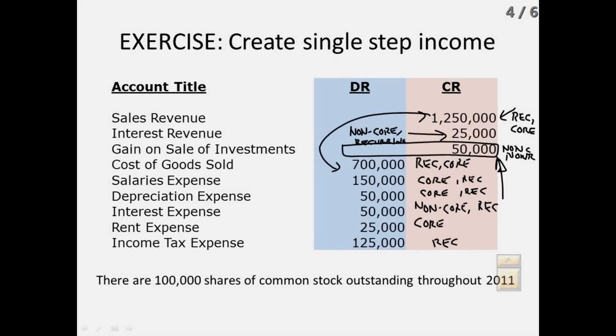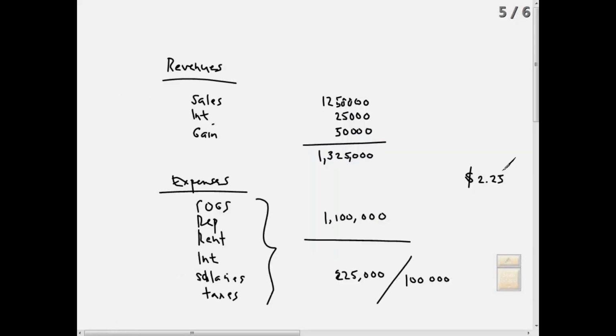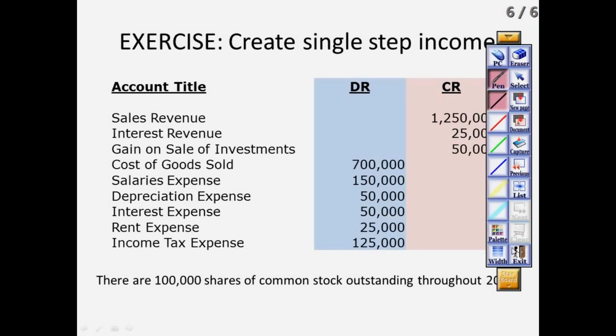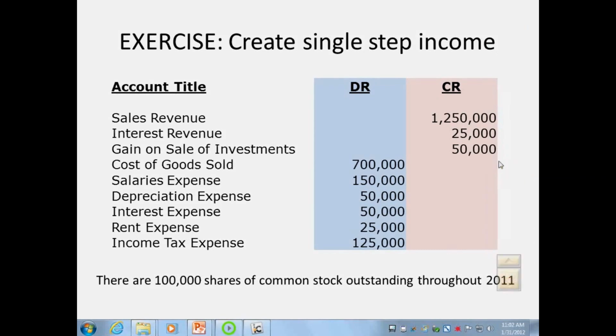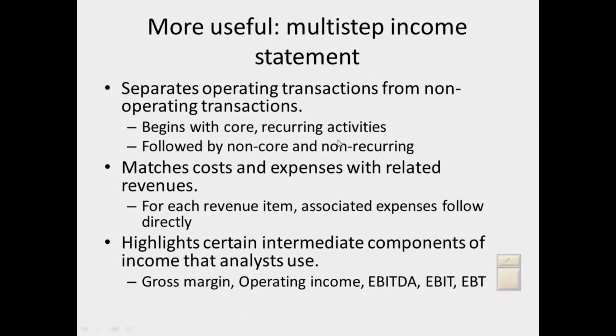But the fact is, we want to play around with this number, and we want to play around with this number. So how could we do that better? Maybe we should start out with a better income statement. Let's start out with something more useful, and then we don't have to screw around with it quite so much. So how can we do a better job?